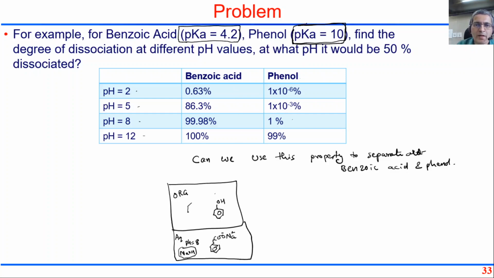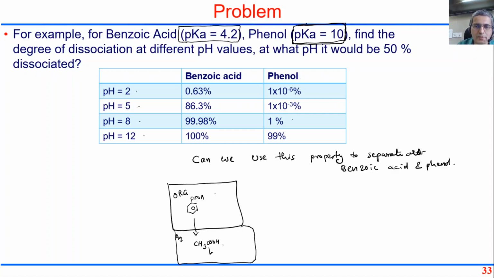So we are going to have some small amount of benzoic acid also remaining in the organic phase, and there would be an equilibrium between the two. In the aqueous phase I will have undissociated benzoic acid, and I will have dissociated benzoic acid.